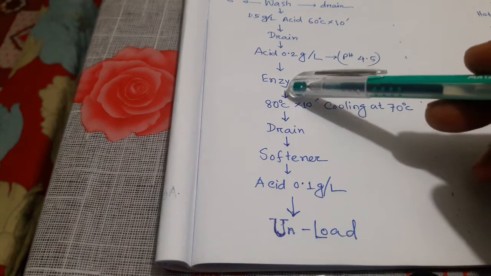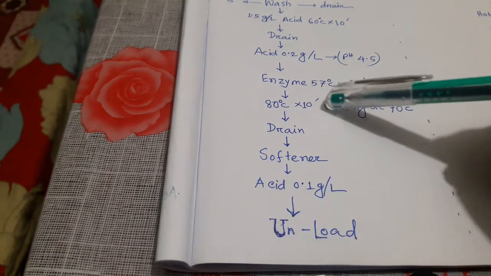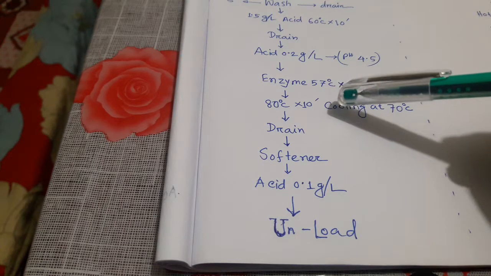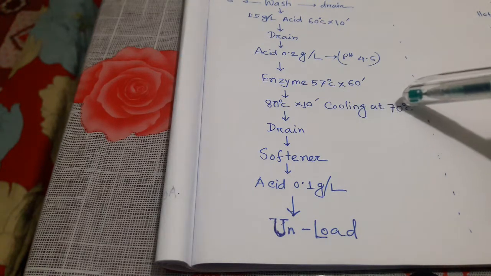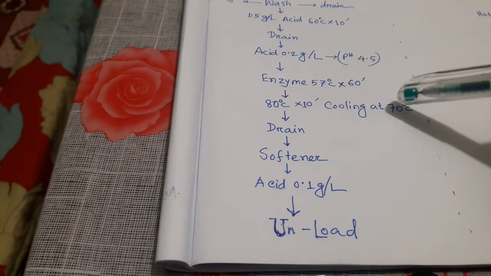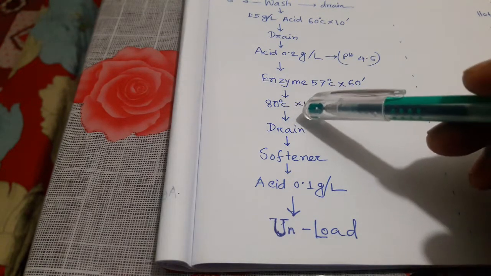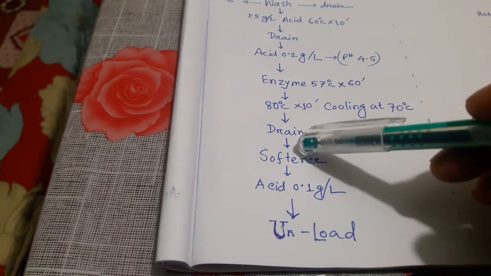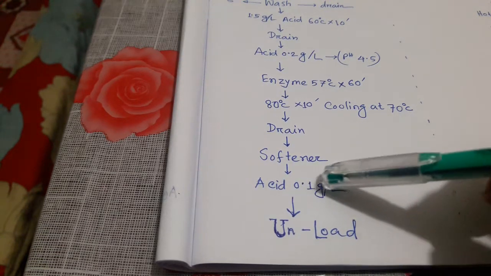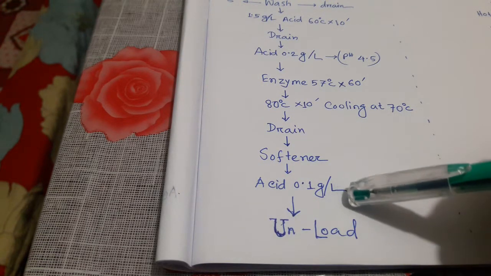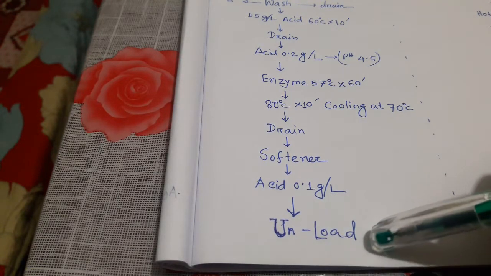Then we raise the temperature up to 80 degrees centigrade for 10 minutes, and again at cooling temperature 70 degrees centigrade we bring the temperature down. Then again drain. Then softener is used, and after that acetic acid 0.1 gram per liter, and unloading the fabrics.